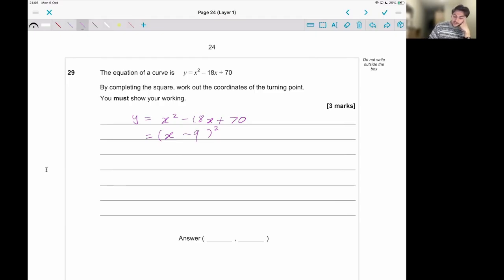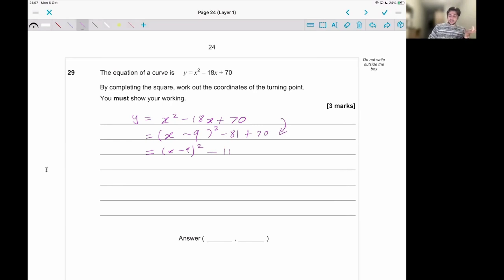And we write x minus 9 squared. Then we look at what this would be squared, which would be 81. And we have to take that away. But then don't forget that this plus 70 is still sat there. So then you get x minus 9 squared minus 11.